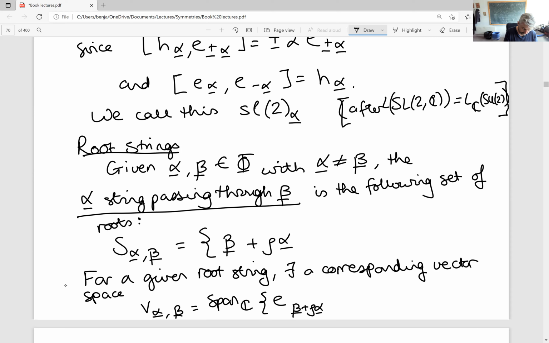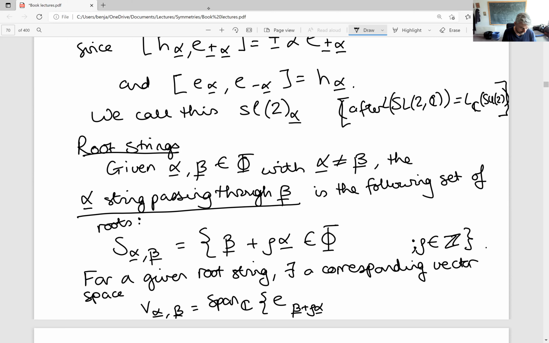So we take all integers rho, but we only take the results where it's in the root set. Okay, so we add rho times alpha to beta, and if it's in the root set, it's in this alpha string passing through beta, otherwise it's not.